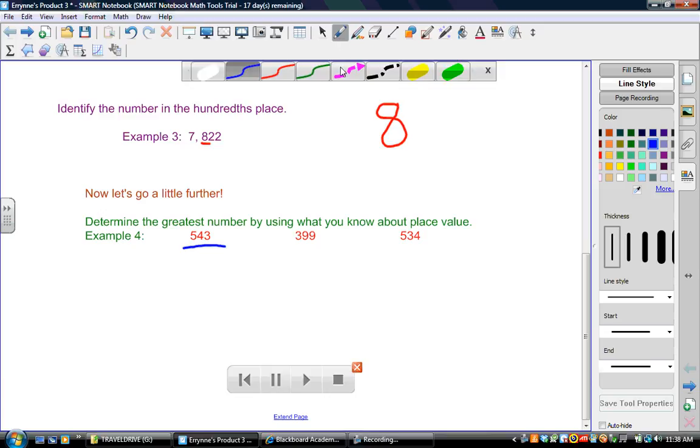Okay, Tony says that he crossed out 399 right off the bat because 399 is less than 500. And then he looked at the 500 numbers, which is 543 and 534. He identified the number in the tens place, which is 4 in this number and 3 in this number. Well, friends, we all know that 4 is greater than 3.